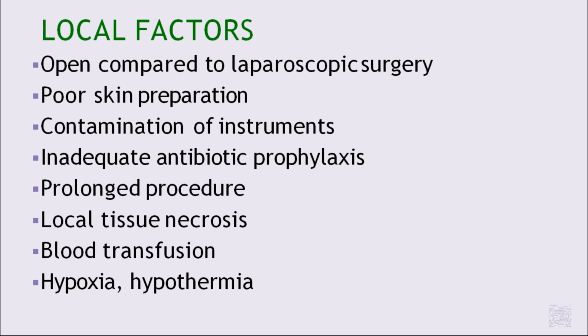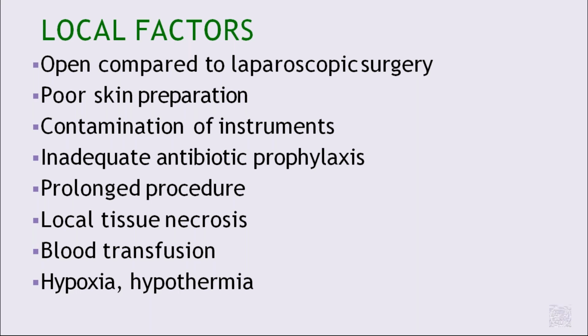So what are the local factors? This is a comparison between open and laparoscopic surgery, or poor skin preparation before surgery, or contamination of the instruments used for surgical procedures, or inadequate antibiotic prophylaxis, prolonged procedures, and local tissue necrosis.